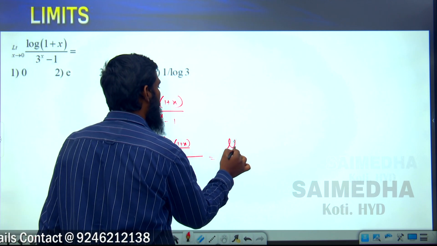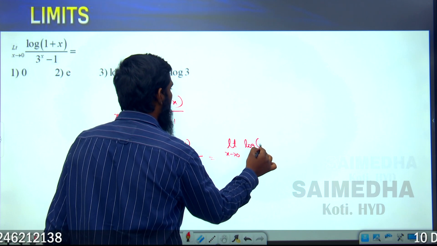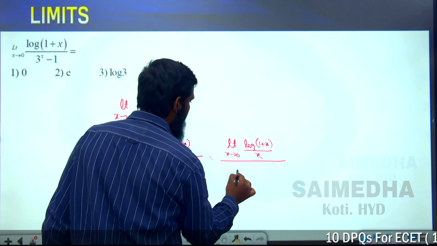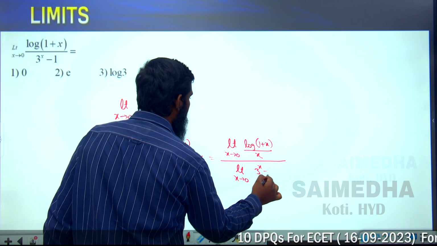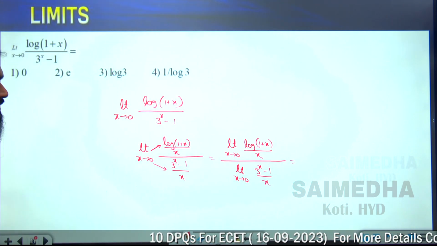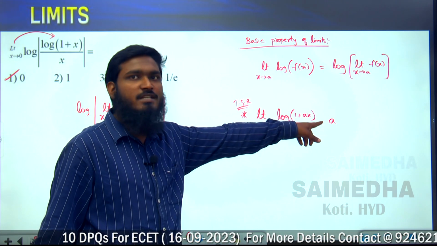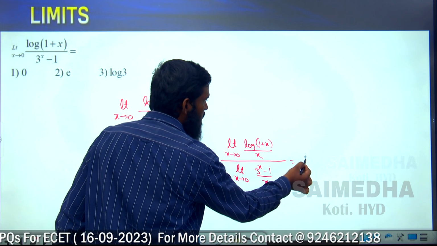So let us write over here, limit x tends to 0, log of 1 plus x divided by x, whole divided by limit x tends to 0, 3 power x minus 1 by x. Now listen carefully. Just now we have written the formula, log of 1 plus ax by x is equal to a. Over here the a value is equal to 1.